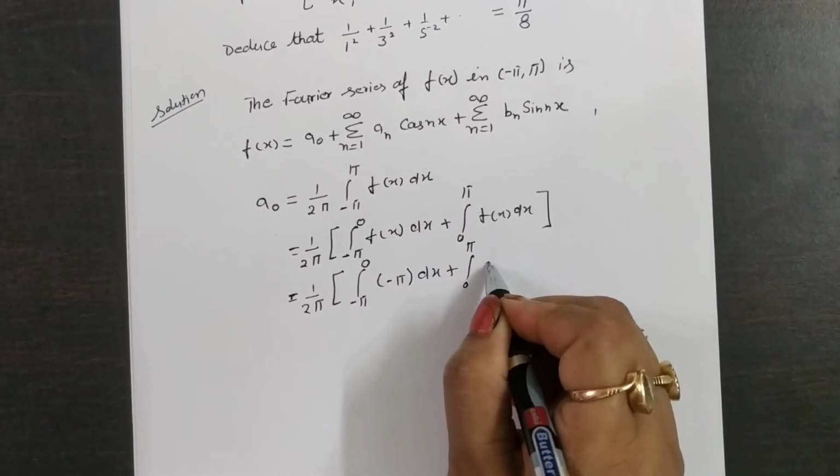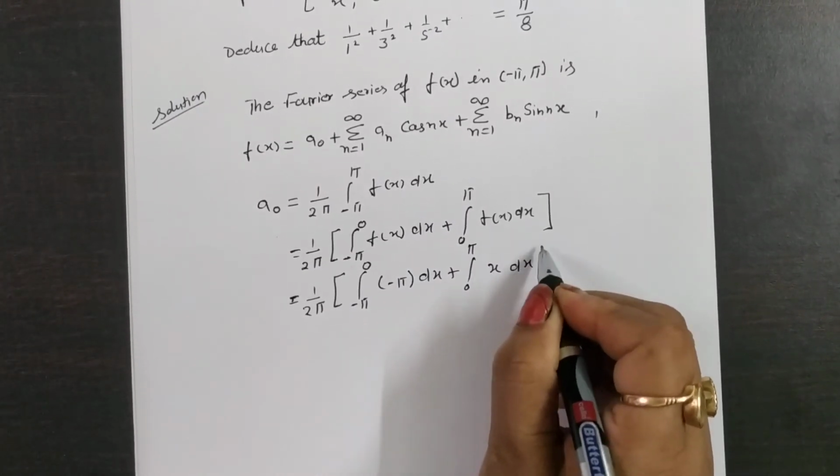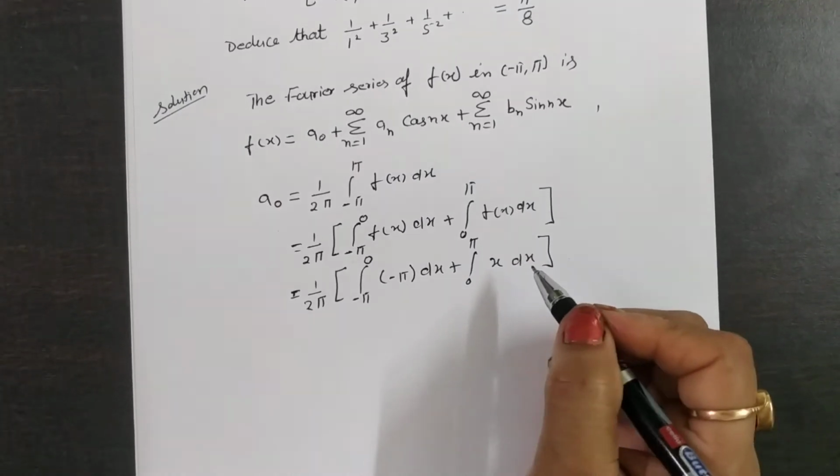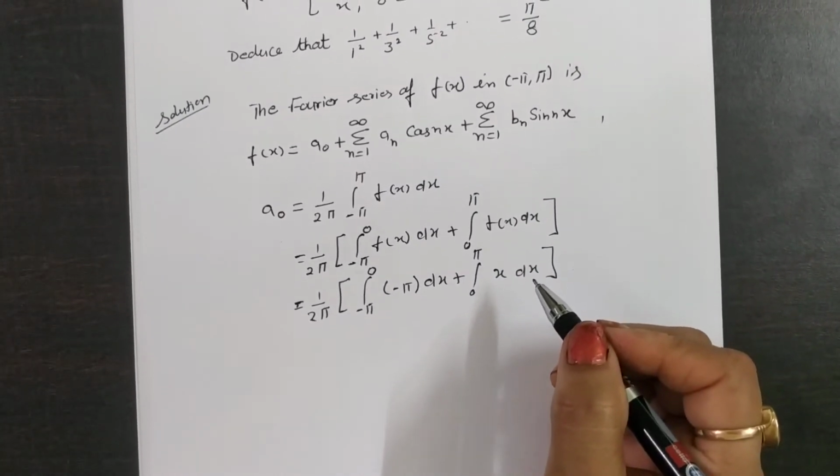Substituting, you get 1 by 2 pi, integral minus pi to 0 of minus pi dx plus integral 0 to pi of x dx. Now integrating this, you can find the value.